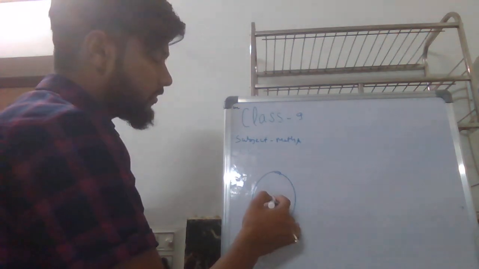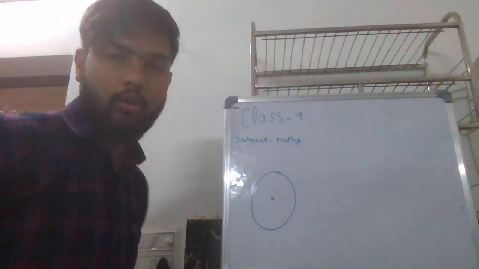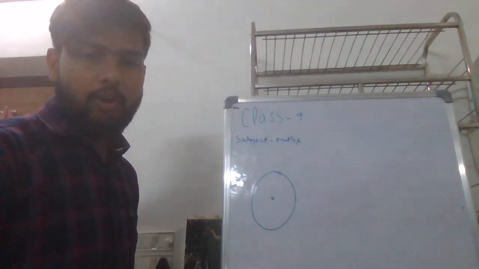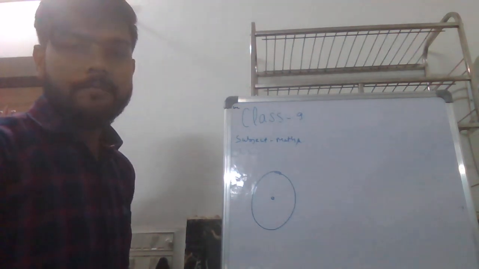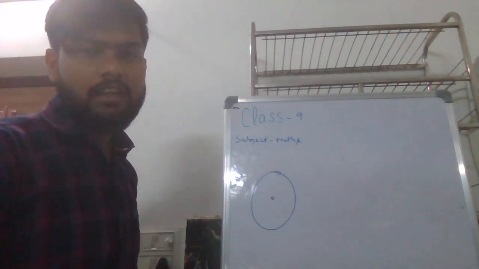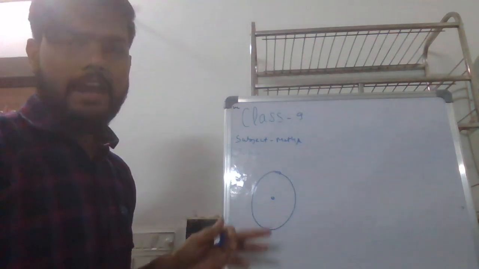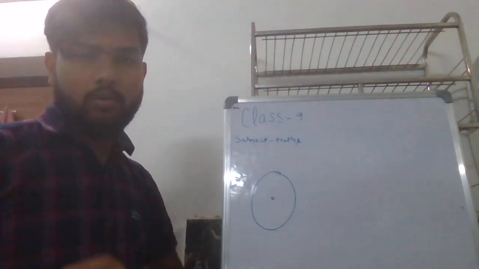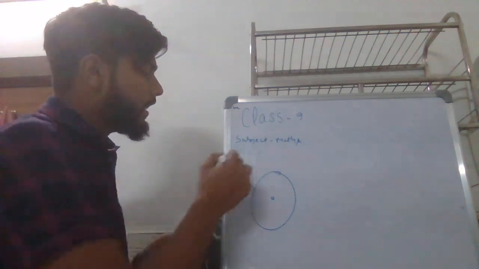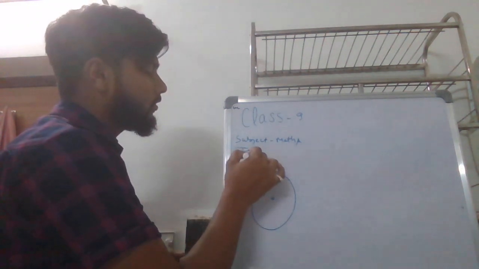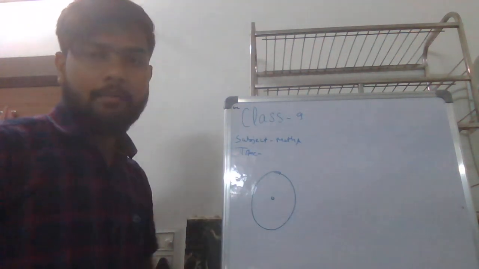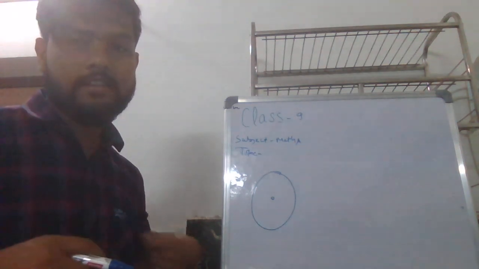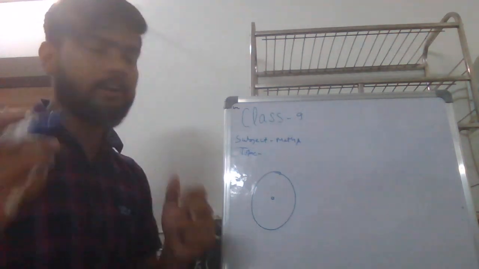Here we have one circle with point O. You have to tell me about arc and chord. Today we will discuss some properties related to chord and arc.